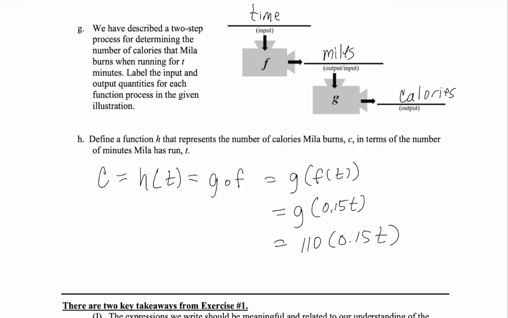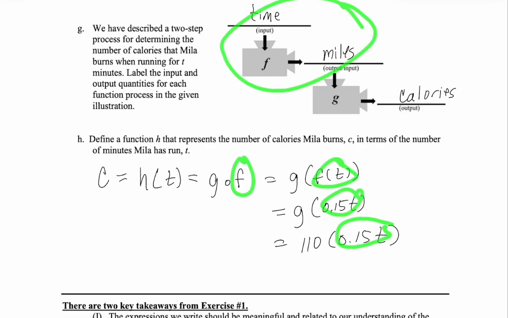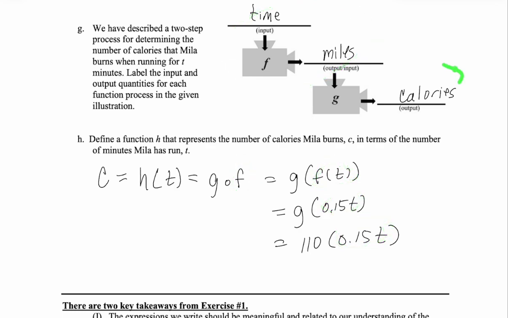The only thing they're trying to get into your brain for this particular lesson is what function do you use first? That is our inner function. In this case, it was time: distance equals rate times time. And then we take that miles and change it into calories.